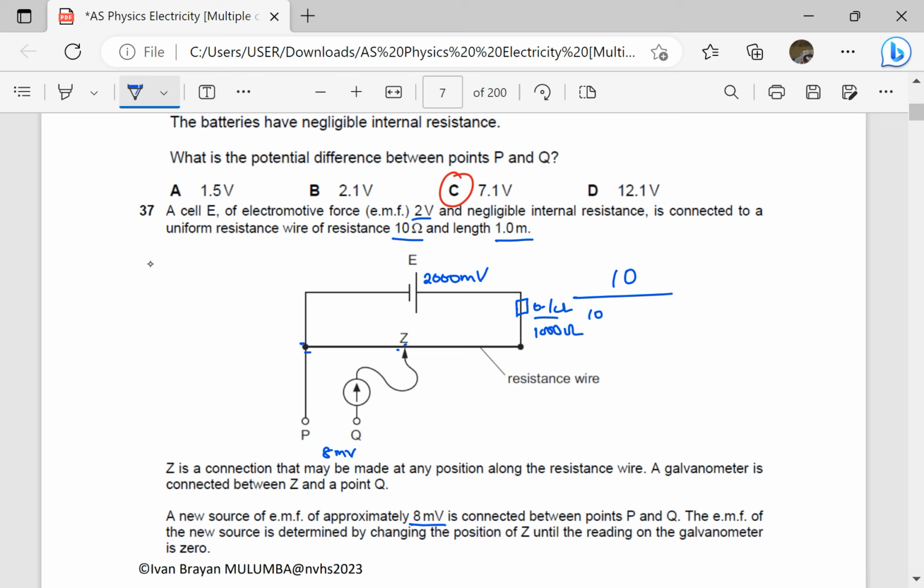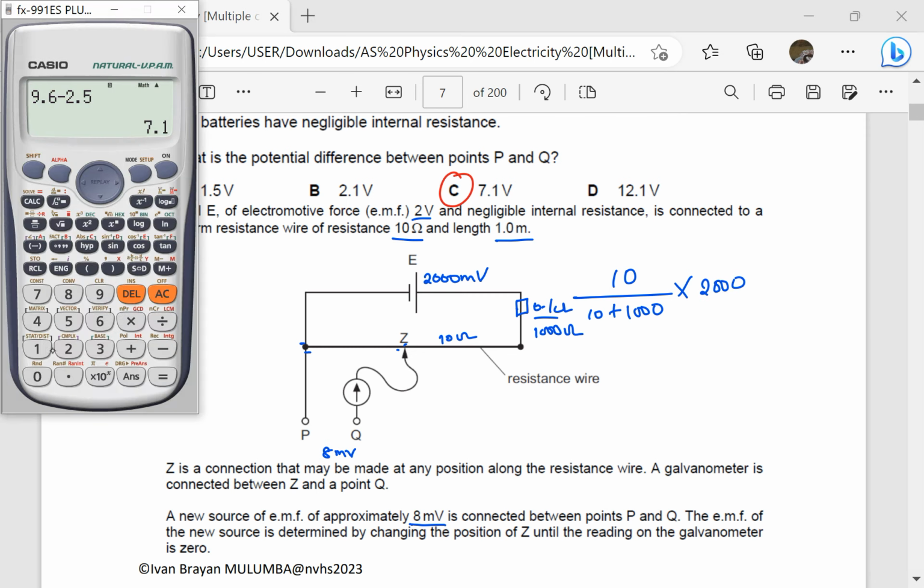In that case, remember the wire is 10 ohms. So if we try to find the PD, it will be 10 over 10 plus 1000 because they are in series, then times the EMF, which is 2000 millivolts, remember. This would give us 10 divided by 1010 times 2000.